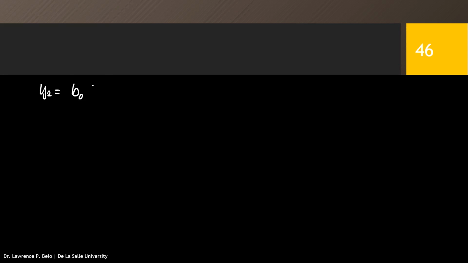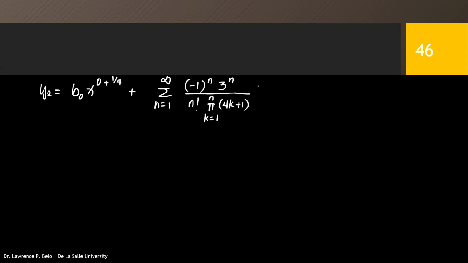y2 is, supposedly it's just x to the n plus r, so 0 plus 1/4 plus the summation n equals 1 to infinity of negative 1 raised to n, 3 raised to n over n factorial, and then the pi notation from k equals 1 to n of 4k plus 1, and then this one is b sub 0 x raised to n plus 1/4.